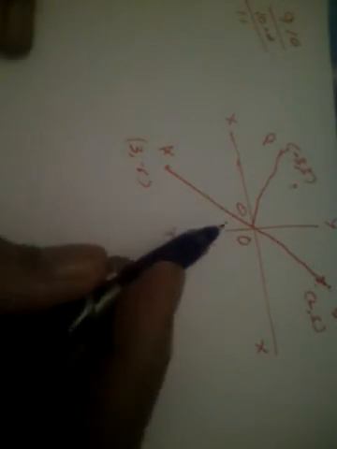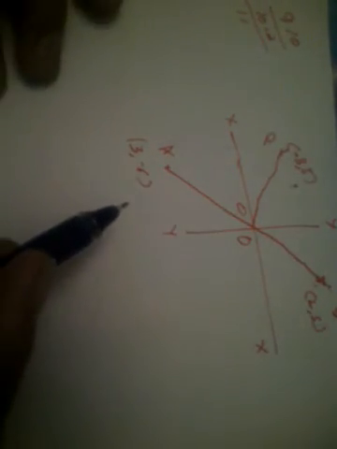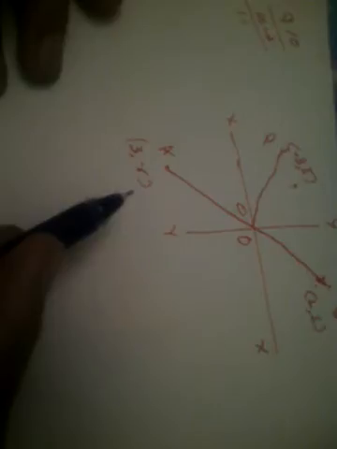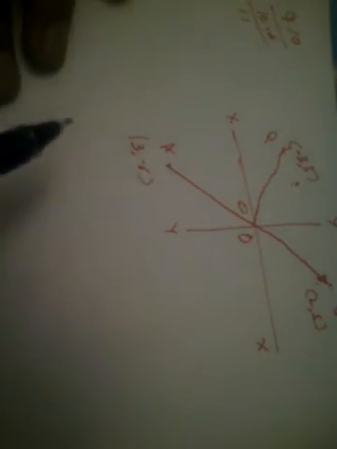So I have roughly drawn a sketch of this, to better understand the question, and then we will be in a position to find the solution in a better way.